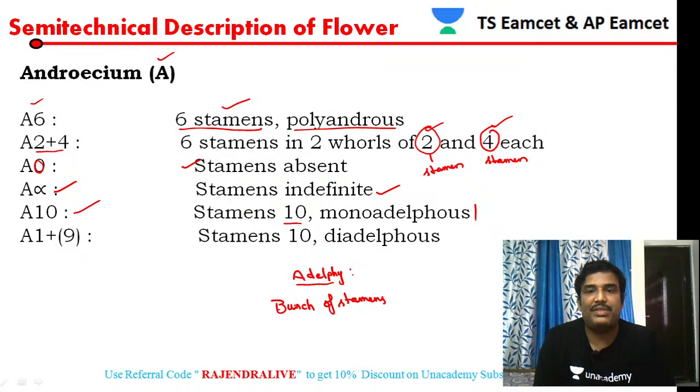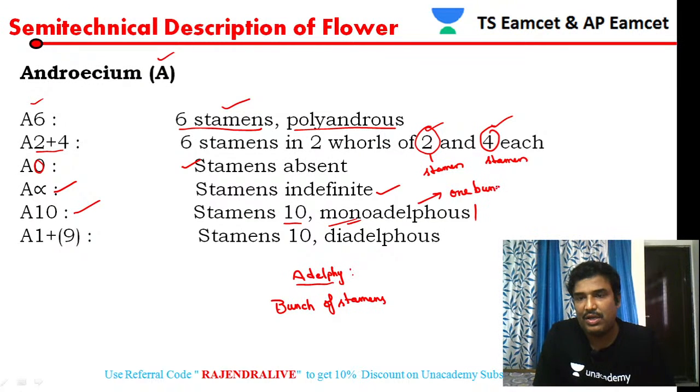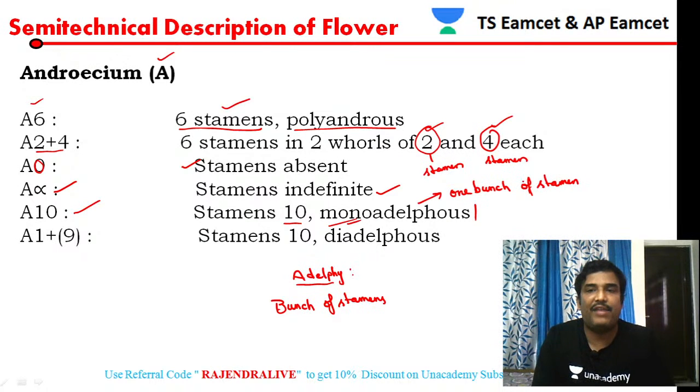A bunch of stamens is called an adelphy, and if there is only one bunch of stamens, such a condition is called monoadelphous. In that one bunch, how many stamens are present? A10 means 10 stamens are present in a single bunch.